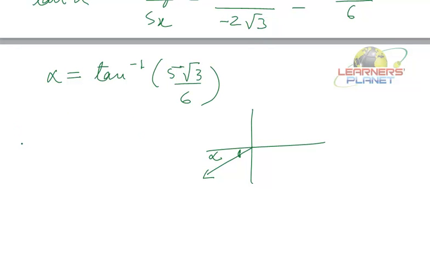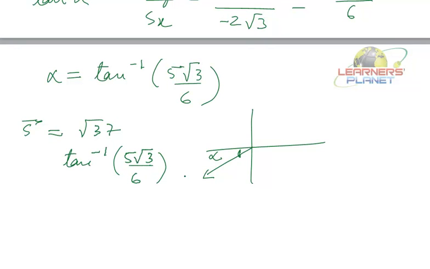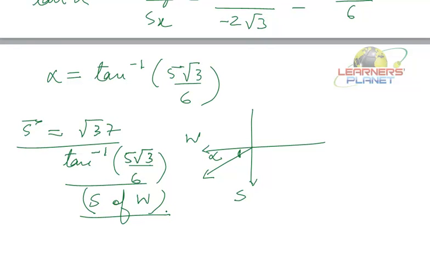So you can write vector A minus B as root 37 in magnitude and making an angle of tan inverse 5 root 3 by 6. What is this direction? This direction is south and this direction is west. So you will write south of west. So A minus B vector is root 37, tan inverse 5 root 3 by 6 angle south of west.